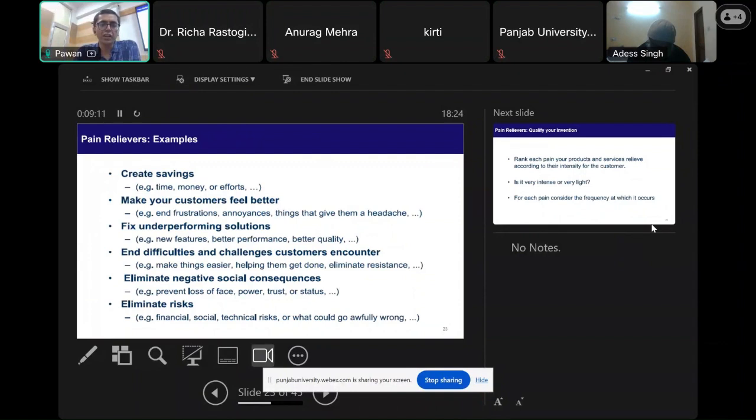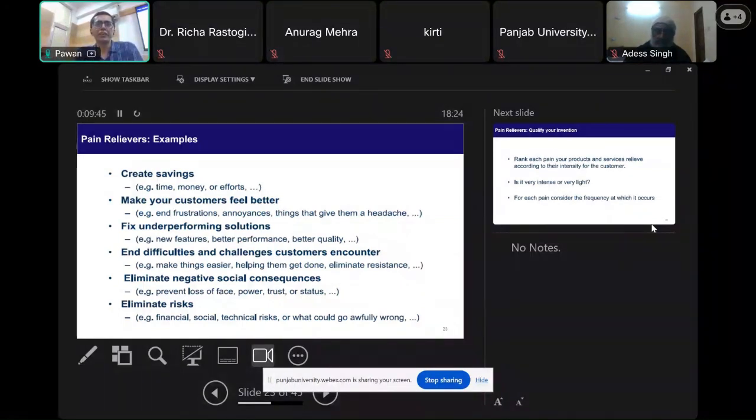It could be eliminating negative social consequences. Maybe it is helping your customer handle a social situation better. Say beauty products. What are they sold on? Fairness creams, for example. So what are they helping you do? They are helping you feel more confident in a social setting, right?